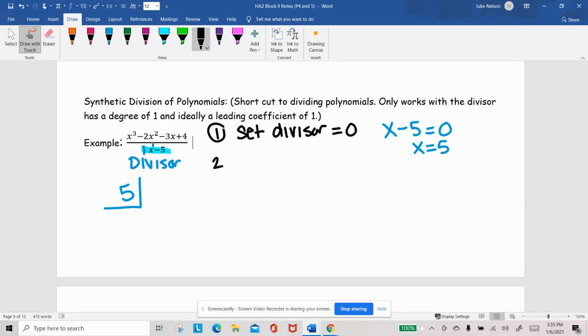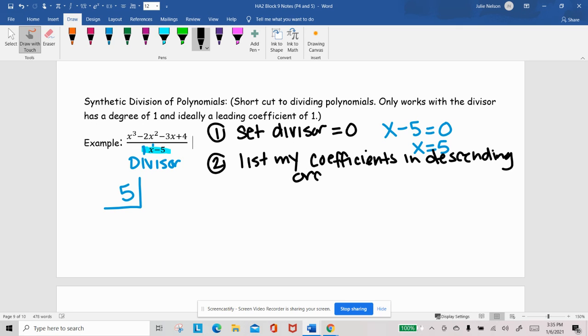The second thing I want to do is list my coefficients in descending order. Descending order means that you're going from the highest power to the lowest power.